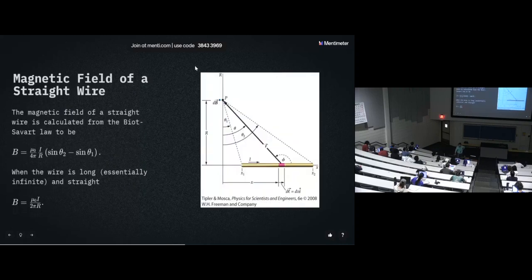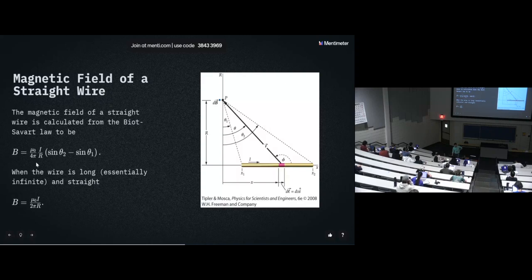The magnetic field of a straight wire, a finite straight wire, I should say, is again calculated from the Biot-Savart law, and I'm not going to go through the derivation here. It's actually very similar to the derivation for the finite straight wire that we did for Coulomb's law for force and electric field.